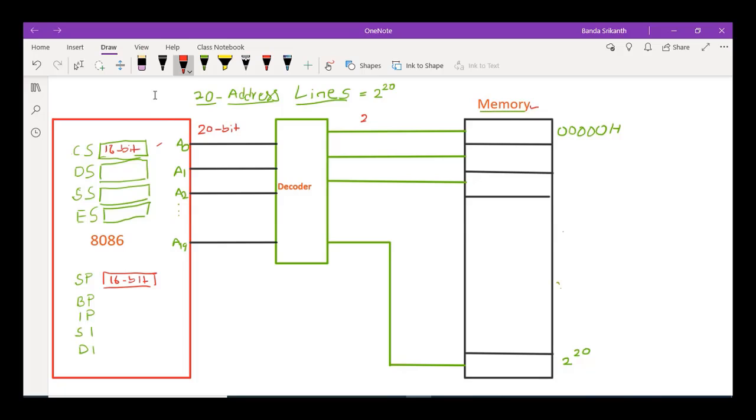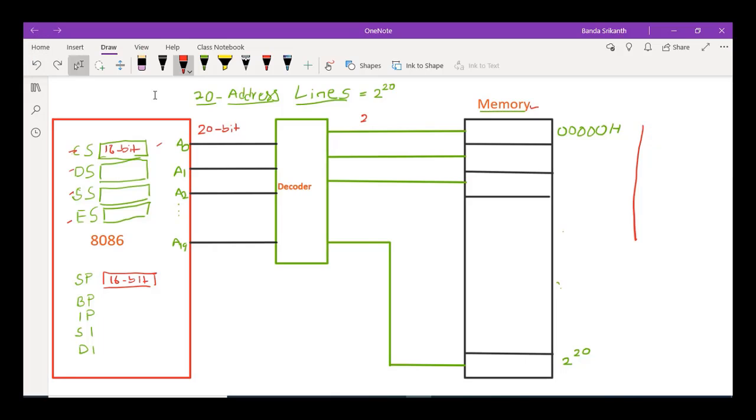That is the question. Here one more point we have to discuss, that is why we are having 4 segment registers: code segment, data segment, stack segment and extra segment. Because here memory will be classified into 4 different categories.